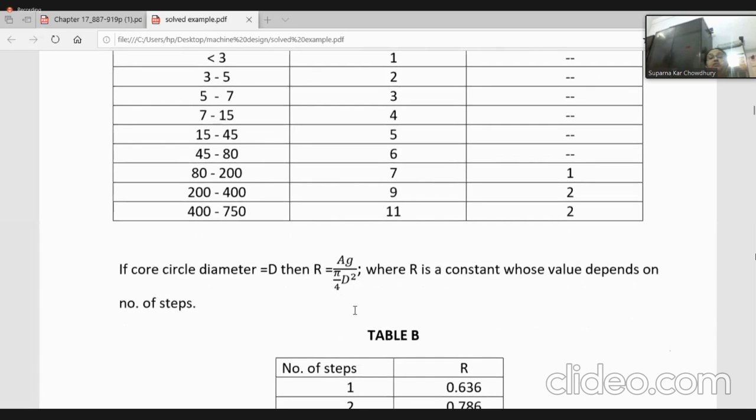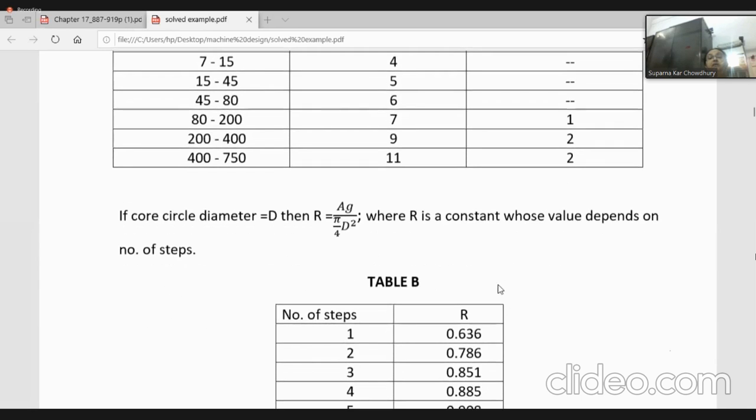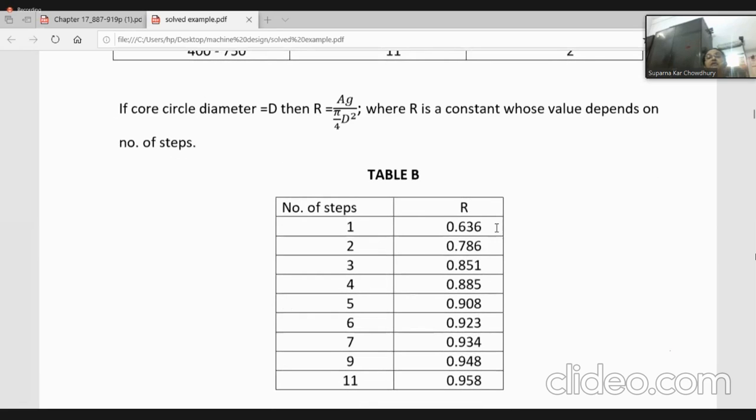Now next is the core circle diameter. Core circle diameter, if D, then we define a ratio R is equal to Ag by pi by 4 D square. That is, Ag actual stepped area divided by the circular area. Now that ratio also depends on the number of steps.